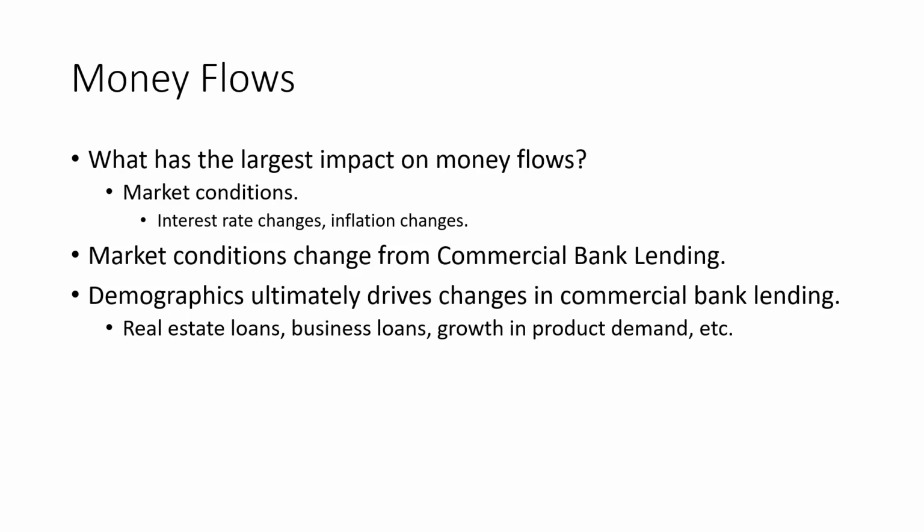Market conditions change from commercial bank lending, and ultimately what changes that is demographics. Demographics ultimately drive changes in commercial bank lending, so they talk about real estate loans, business loans, growth in product demand, etc. I would say demographics are probably the most important thing in terms of investing in a country, because that's really what drives everything.